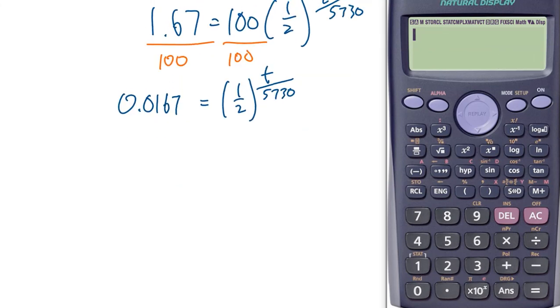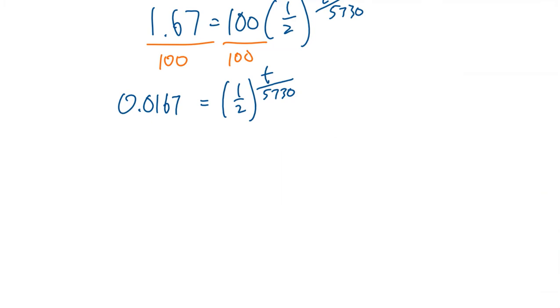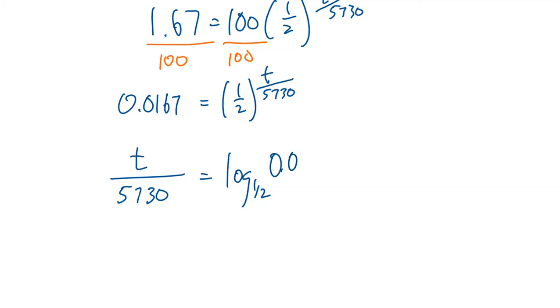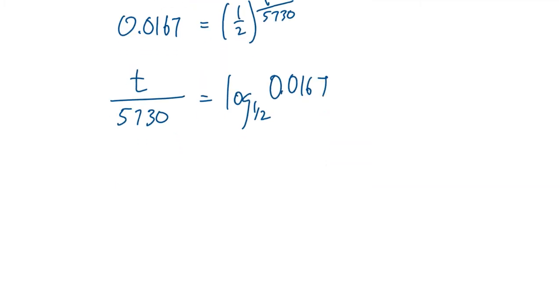Now we rewrite in logarithmic form, or you could take the log of both sides. Now I multiply both sides by the denominator there.